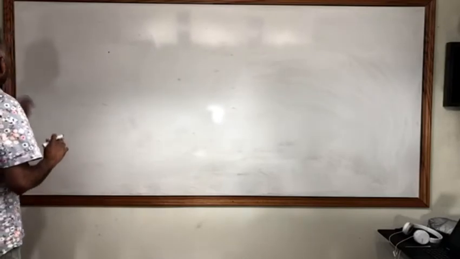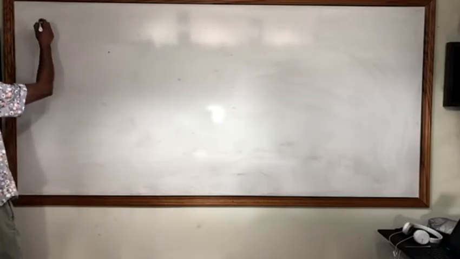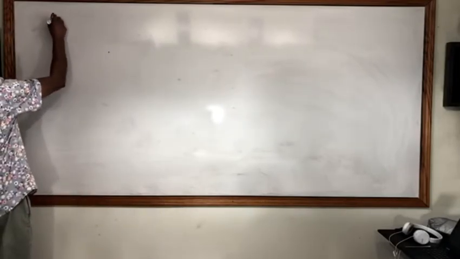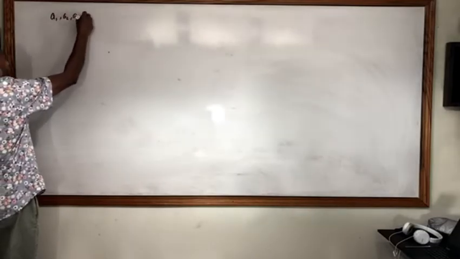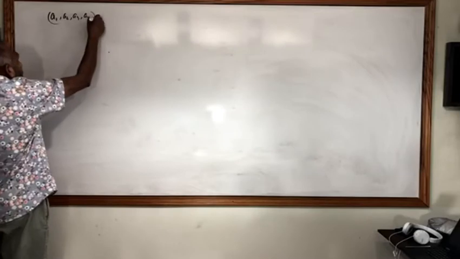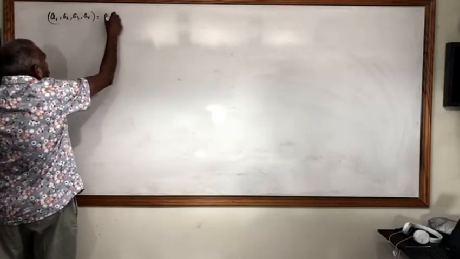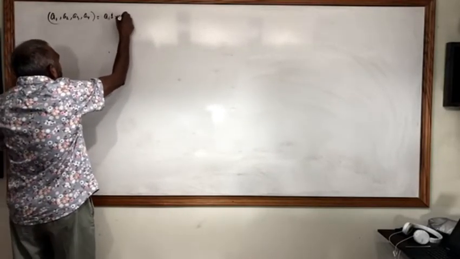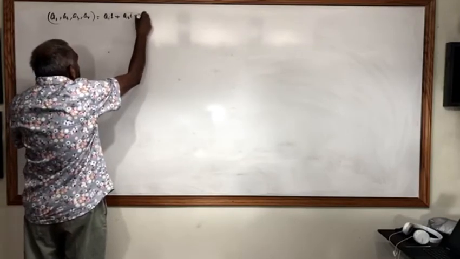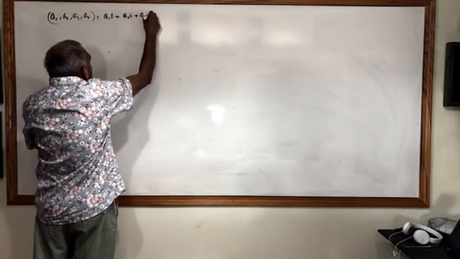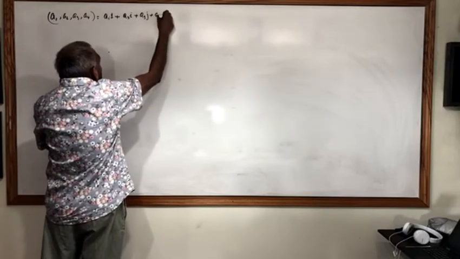So with this notation, (a1, a2, a3, a4) is equal to a1 times 1 plus a2 times i plus a3 times j plus a4 times k.